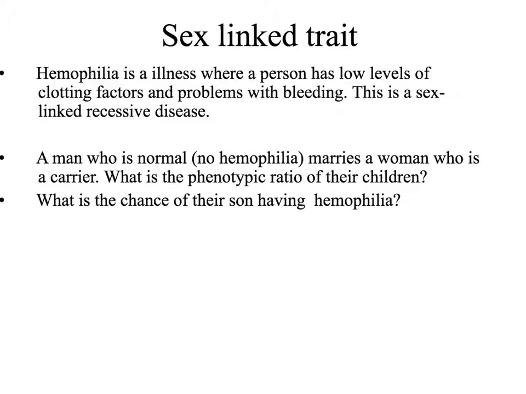So hemophilia is a sex-linked disease that we see in humans. First, we set up a key of alleles. Our big H dominant is going to be a healthy individual. Our recessive, little h, is going to be the one with hemophilia. In the problem, it says a man who is normal, so no hemophilia.